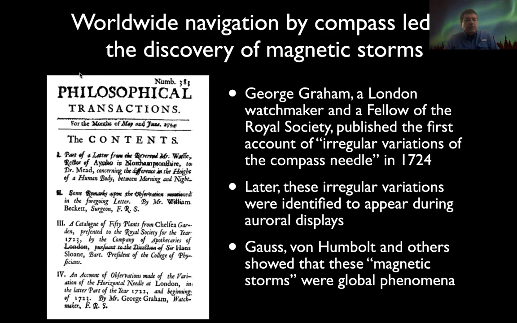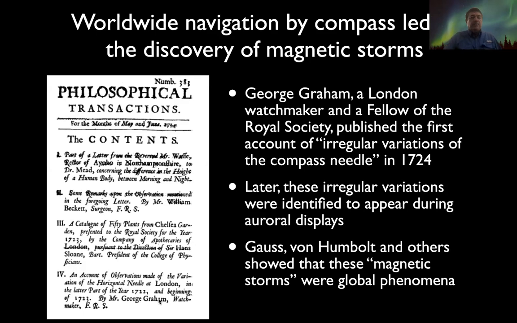And George Graham, who was a watchmaker and a fellow of the Royal Society, made observations of the declination near London. And here he published his paper, An Account of Observations Made of the Variations of the Horizontal Needle at London in the latter part of the year 1722, beginning of 1723, by Mr. George Graham, watchmaker, FRS, Fellow of the Royal Society.